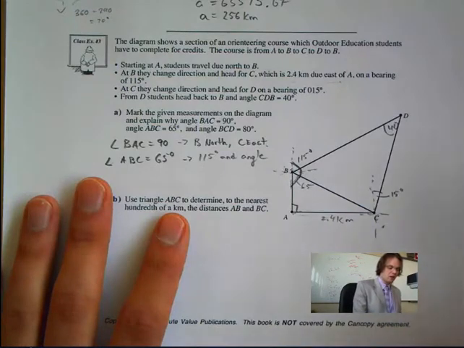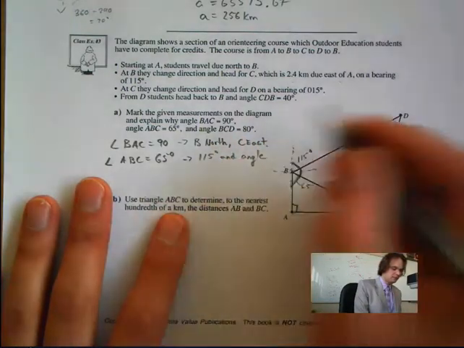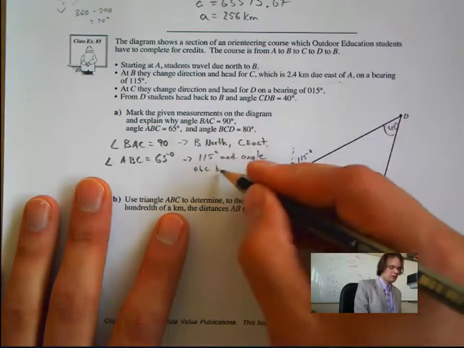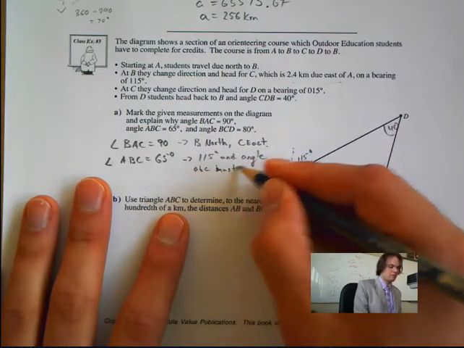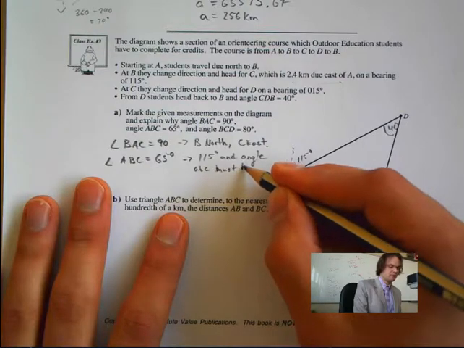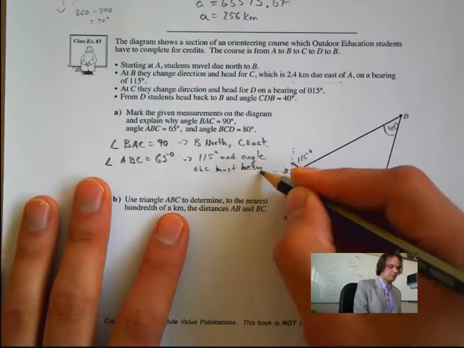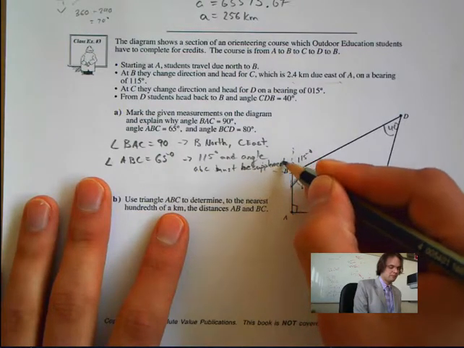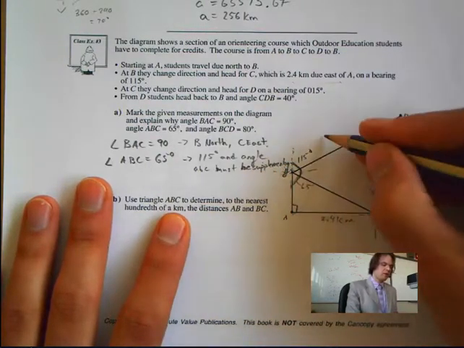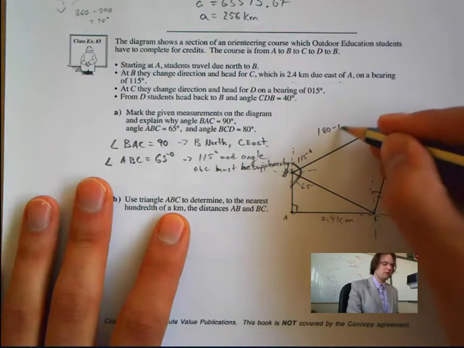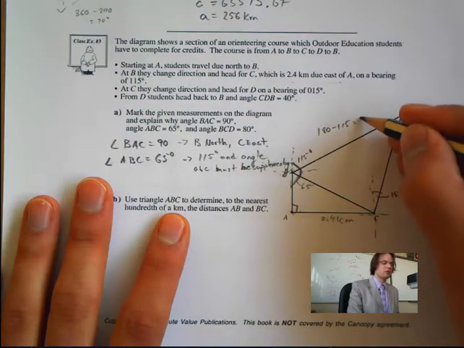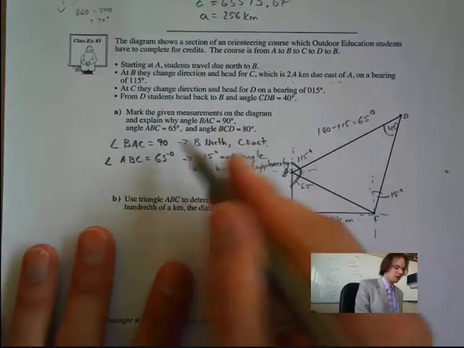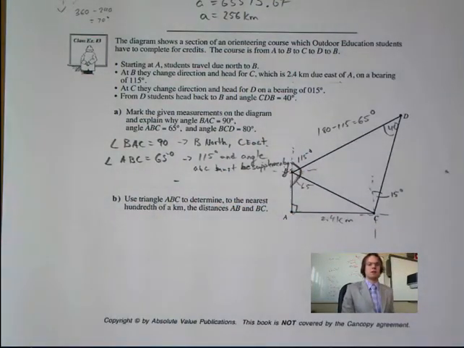And if we look at that, if we go 180 minus 115, that is equal to 65 degrees. Okay? Now let's take a look at the last one here.